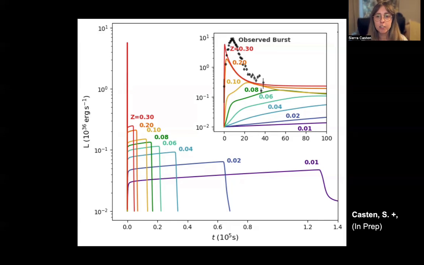And the inset here shows us the peak of the burst and how that changes with metallicity. We also see the observed burst overlaid on the light curves, and though we never get quite bright enough, we're doing much better than we were before with just our typical parameters in solar composition.